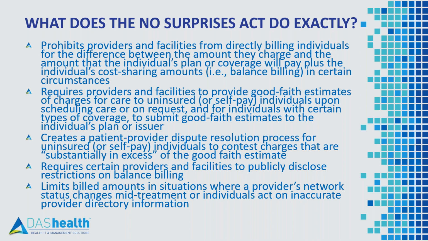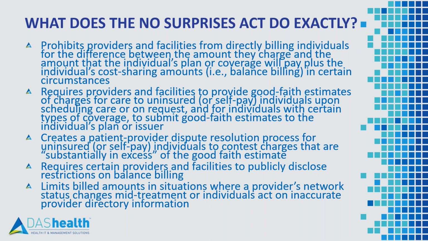So now that I'm sure I have your attention, let's look at what the NSA, or the No Surprises Act, does exactly. This information is taken directly from CMS, and they state that, one, it prohibits providers and facilities from directly billing individuals for the difference between the amount they charge and the amount that individuals' plans or coverage will pay, plus the individual's cost sharing amounts in certain circumstances.